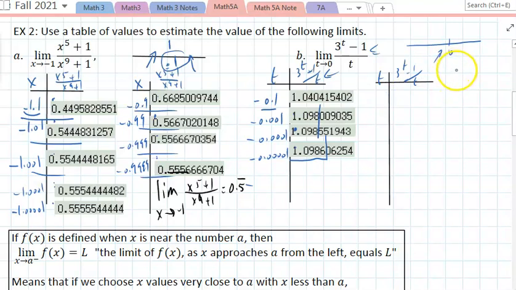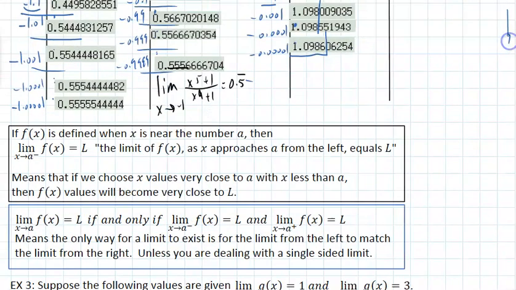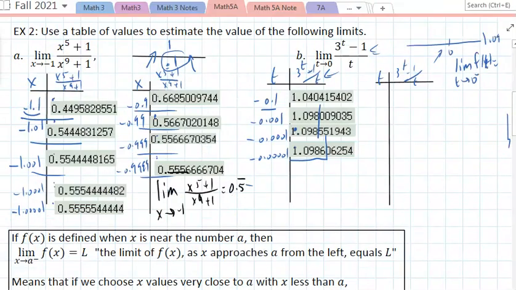So far I know the limit as t approaches 0 from the left of f of t equals 1.098.